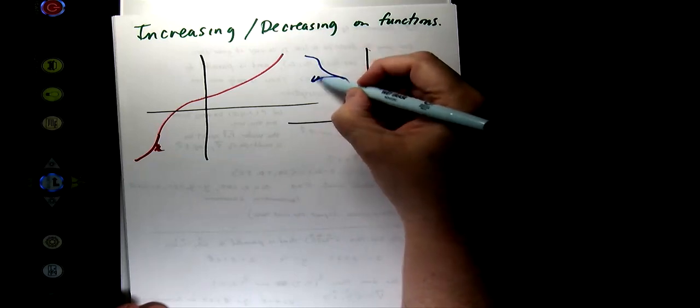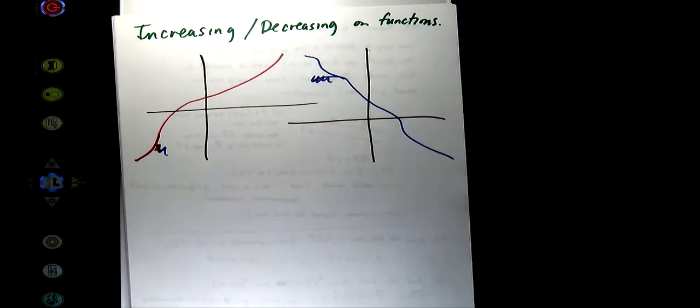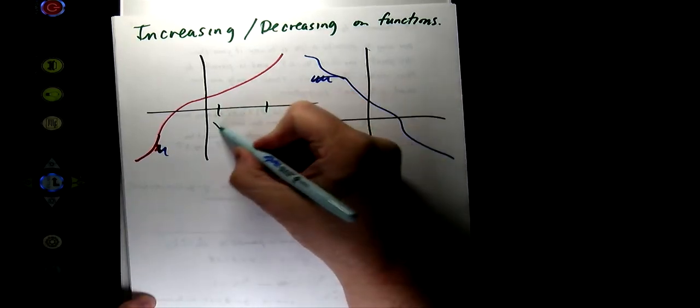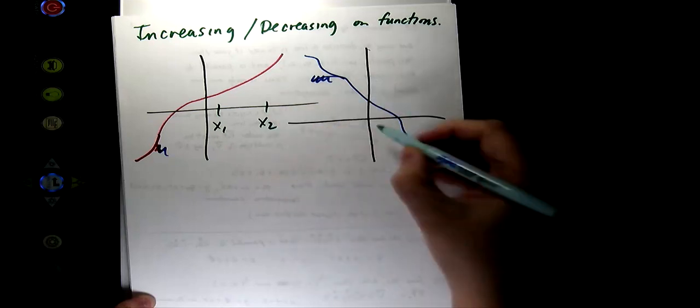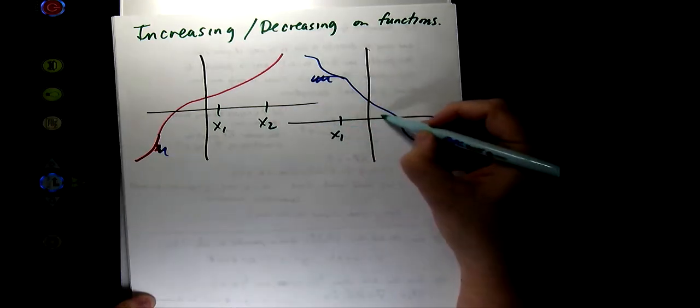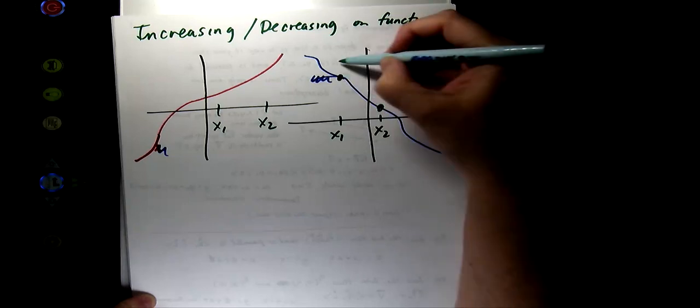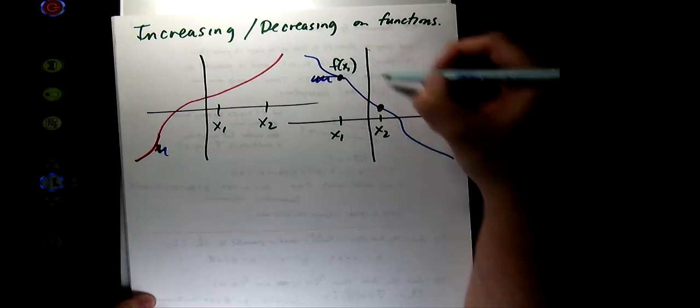The idea here is I have x1 and x2, and I look at f of x1 and f of x2.